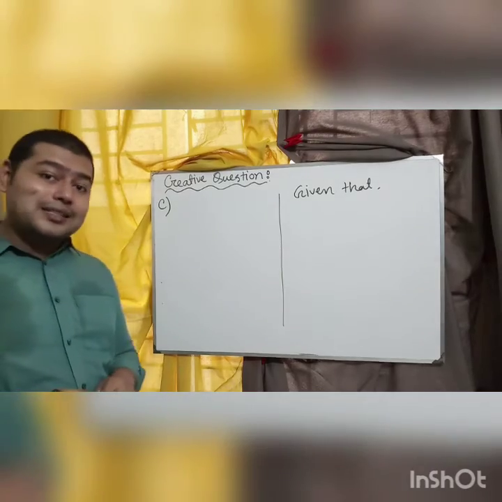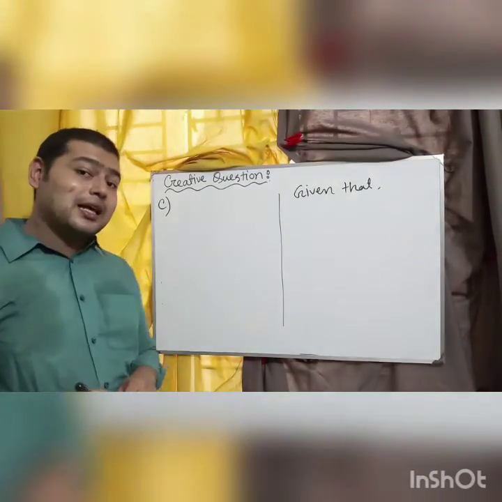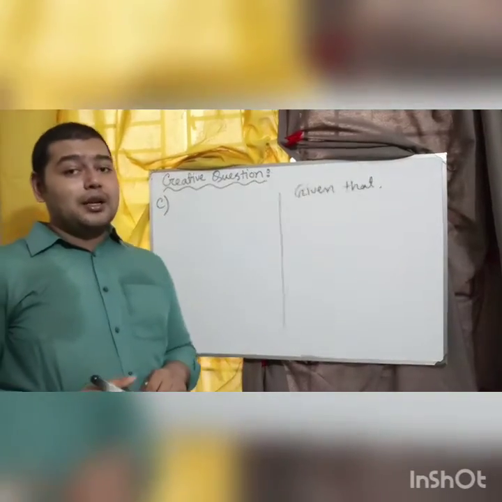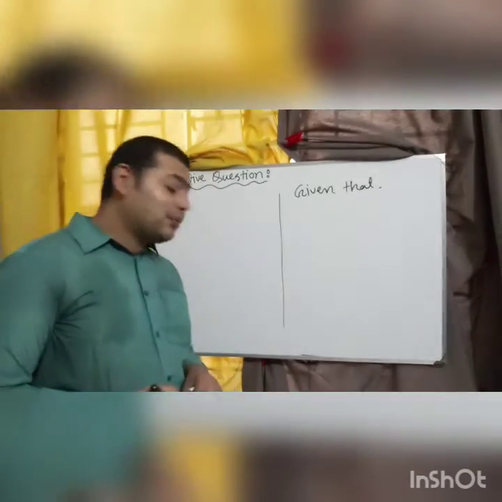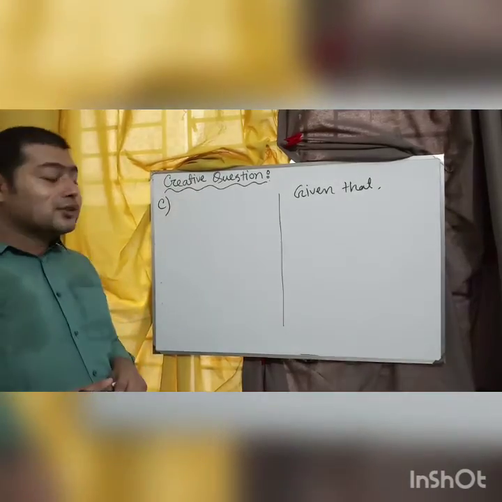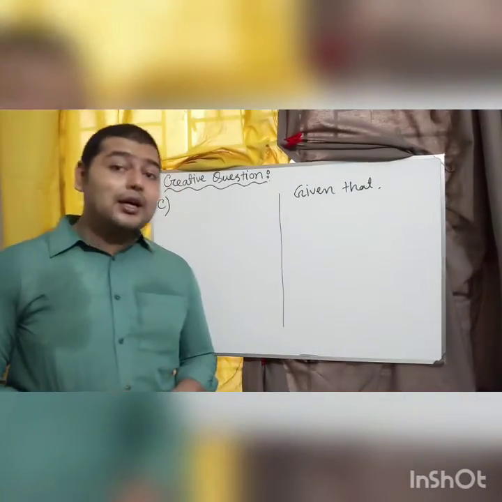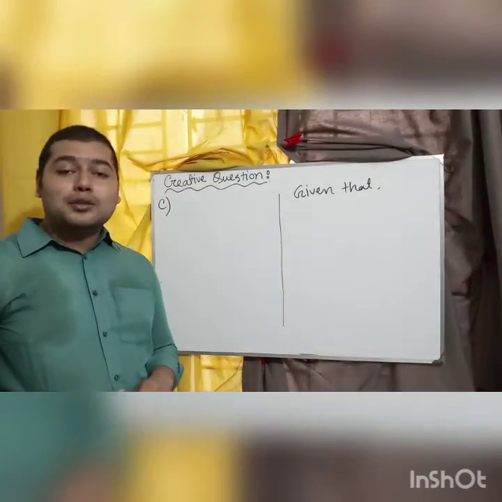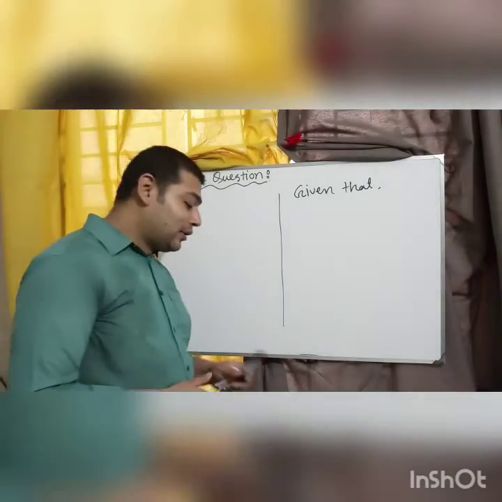A to C is our distance, and the distance is given as 10 meters, and our time is 0.2 second. From this data we can determine the velocity of the wave.